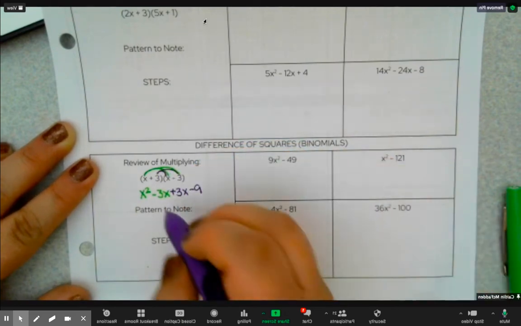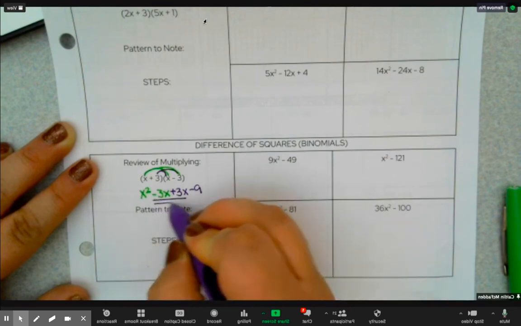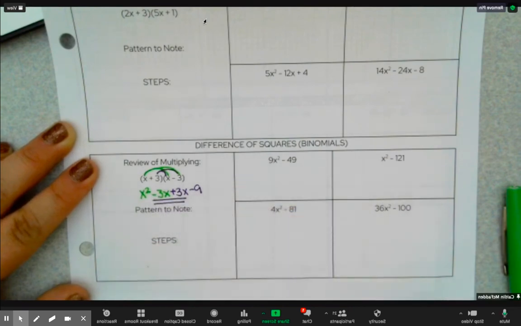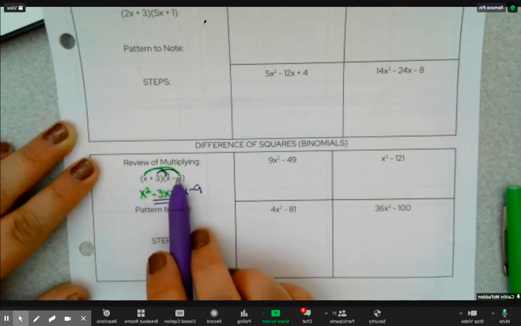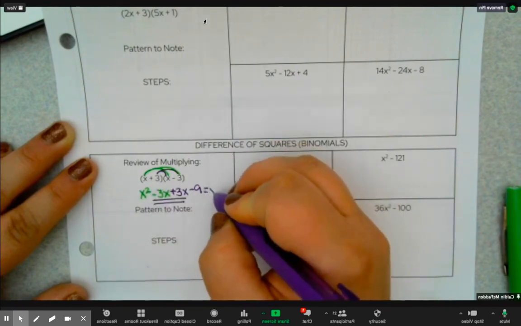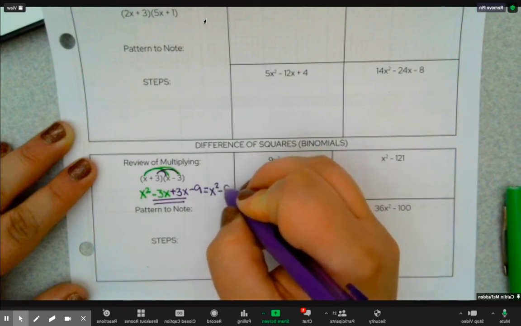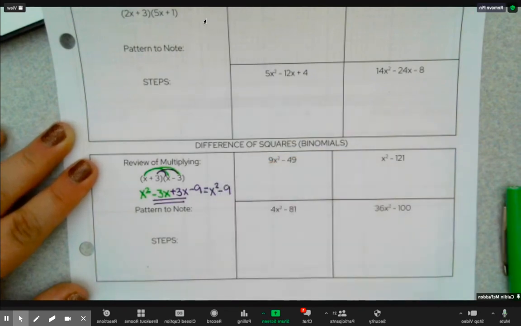When I add together my middle pieces, negative 3 plus 3 is 0, because these are the same number, just opposite signs. So only the x squared and the negative 9 are left.